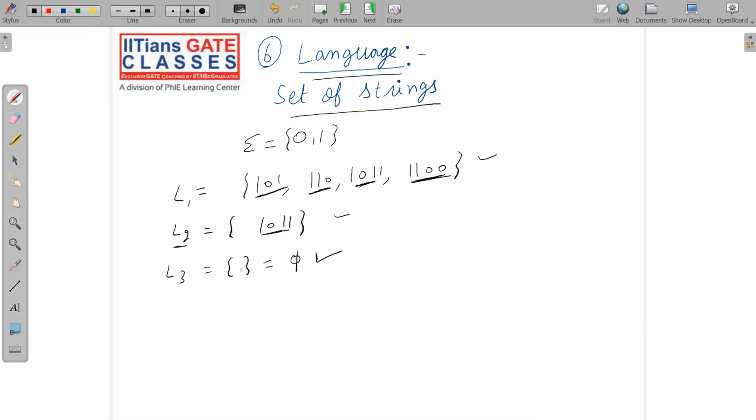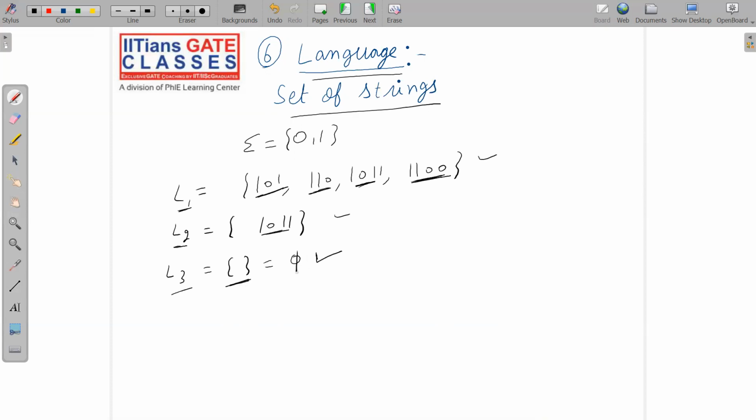Please remember all these things. It will confuse you after a few slides, so please keep all these things in mind. L3 is the empty language, represented by phi. Phi is nothing but your empty set. Empty set means it does not have any element. Here also I'm saying this only: we have a set in which we do not have any string, and indirectly we are saying it is the empty set.